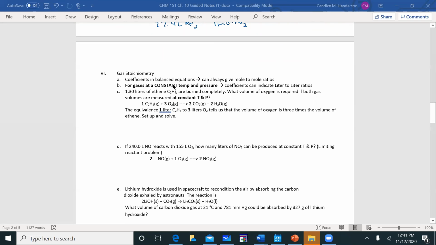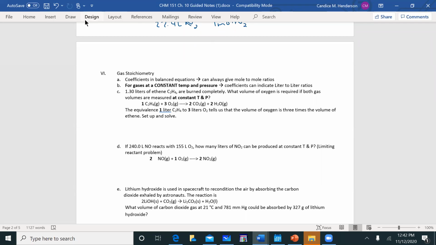Now, a nifty tool when we're dealing with gases, and this is again only for gases, when you're at a constant temperature and pressure, and it doesn't have to be standard temperature and pressure, so it doesn't have to be 0 degrees Celsius and 1 atm. It just needs to be constant. There's no change to your temperature and pressure. The coefficients will actually become a liter to liter ratio as well.